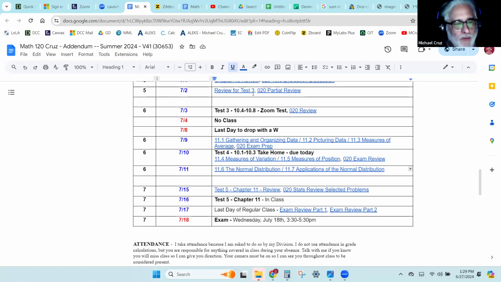Yeah, if I get the Honorlock set up correctly, so we don't have what happened last time. It kind of crashed towards the end. I got most of the students tested, and it just decided not to cooperate. So I'm hoping that it's going to work this time. I'm going to start it earlier in the day, and it'll end at 5:30.